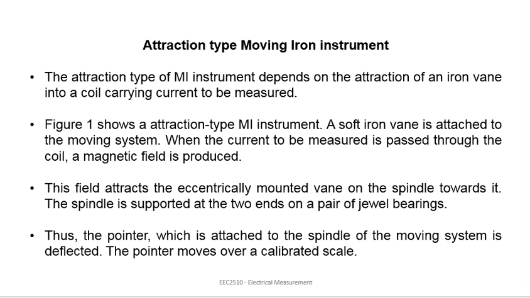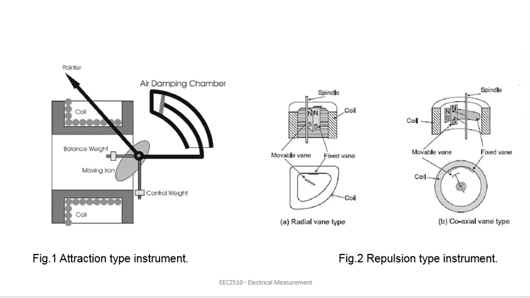Now if we see the figure, this figure is for attraction type moving iron instruments. As we discussed, in these instruments we will have a moving iron and a coil. The moving iron is a flat disc or sector, an iron vane that is eccentrically mounted.